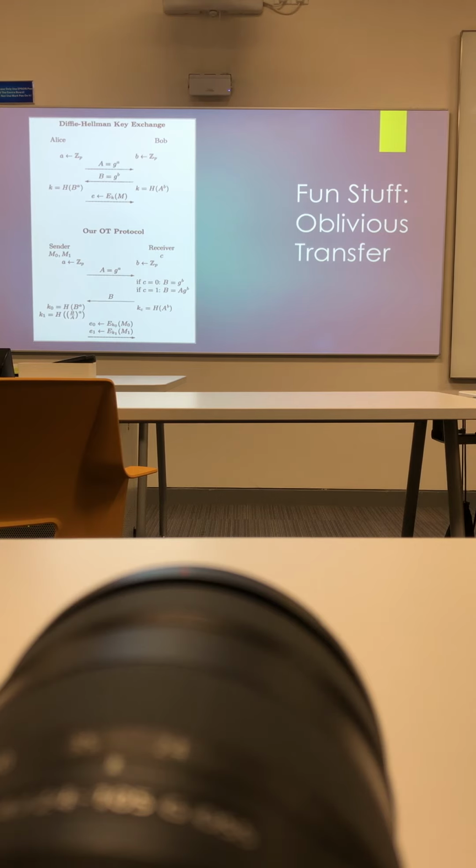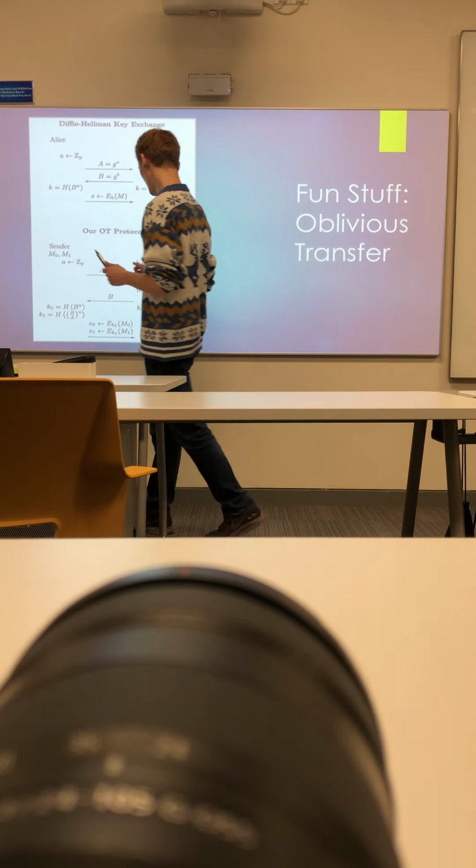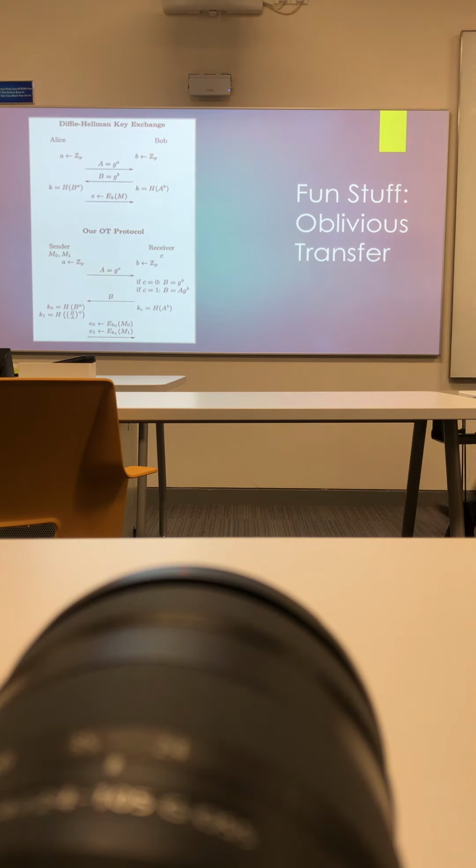So when he computes g to the a to the b, the same thing as g to the ab, he is able to know either B to the a or B over A to the a, depending on his choice for what he sends.